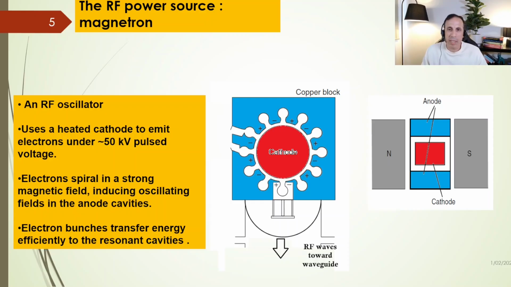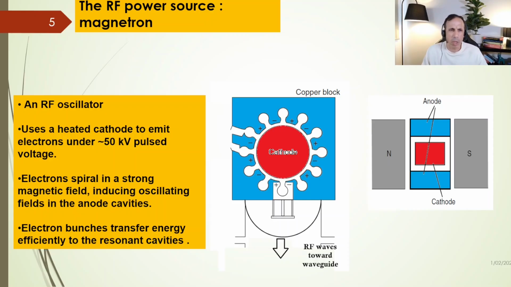The magnetron is basically the heart of microwave power in many linear accelerators such as Elekta. The magnetron is actually a radio frequency oscillator. It takes energy from electrons and converts it into microwaves using a resonant structure and a strong magnetic field.